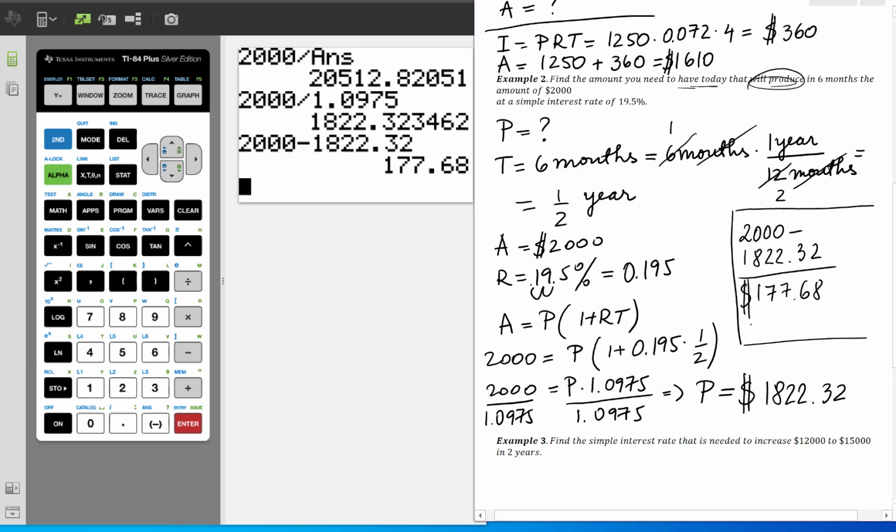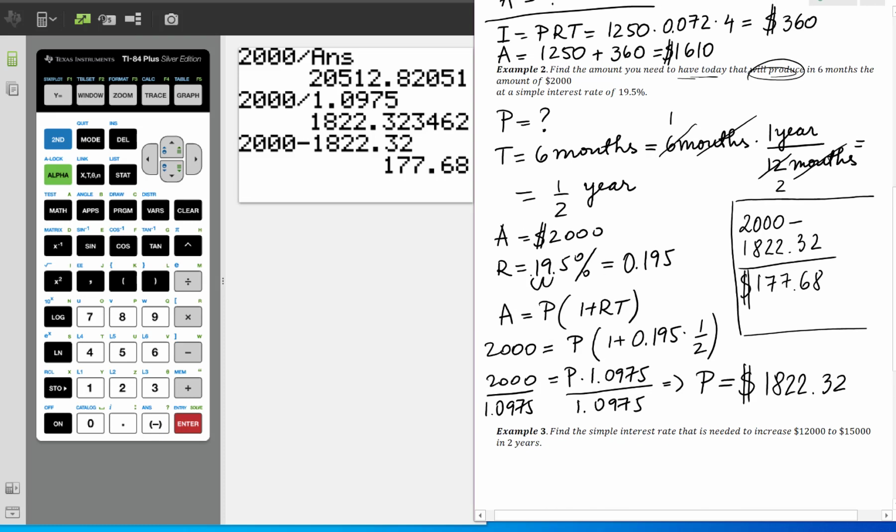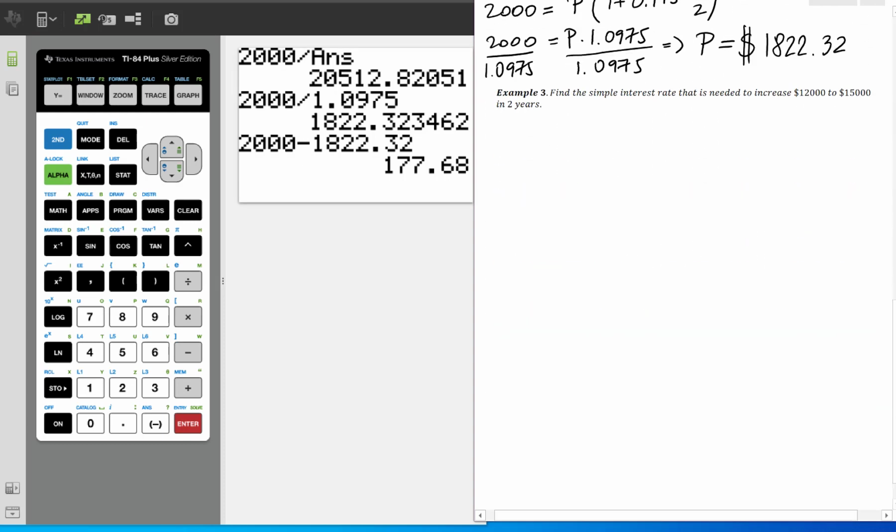It's the amount of interest that you will have to pay to the credit card. Okay, and also I hope you notice how while the answer in the calculator has more than 2 decimals, I rounded to 2 decimals because we're talking about money, so that the 2 decimals are representing the cents.